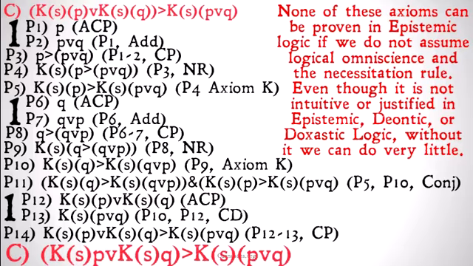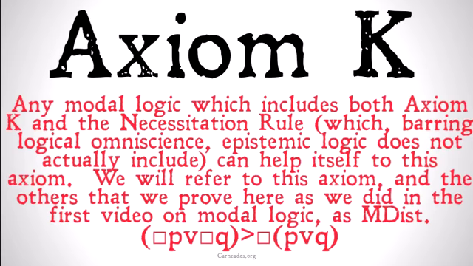If you don't have that necessitation rule, all of those modal logics become much, much weaker. All right? So, now any modal logic which includes both axiom K and the necessitation rule, which, barring logical omniscience, epistemic logic doesn't actually include, can help itself to this axiom.